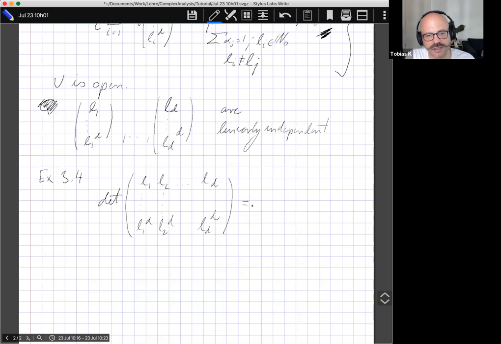And actually there's an explicit formula for this: the product over 1 less or equal to i less than j less or equal to d of lj minus li. And so you see, if they're different, this determinant will be unequal to 0, and hence you will get a set of independent vectors.